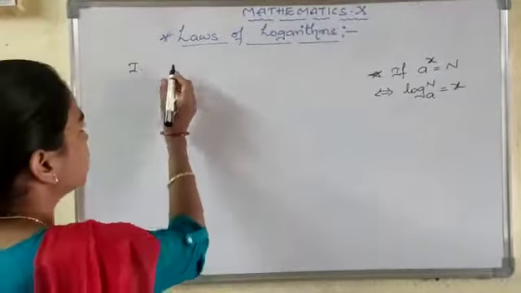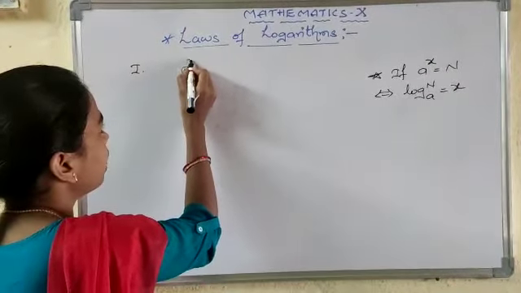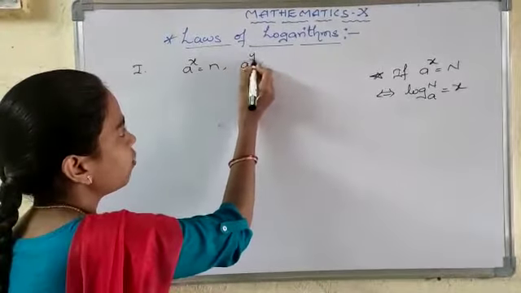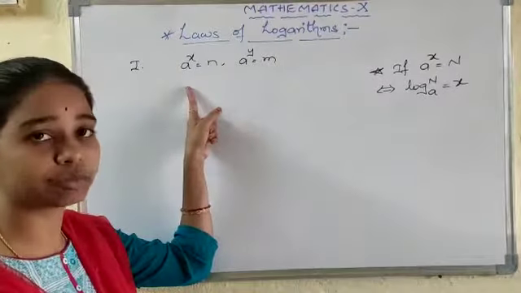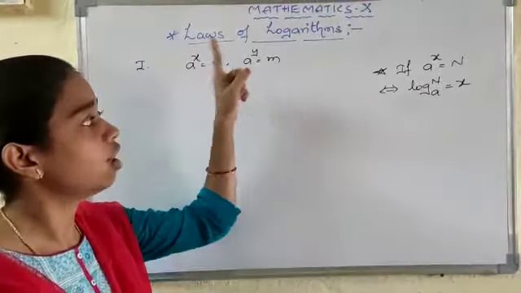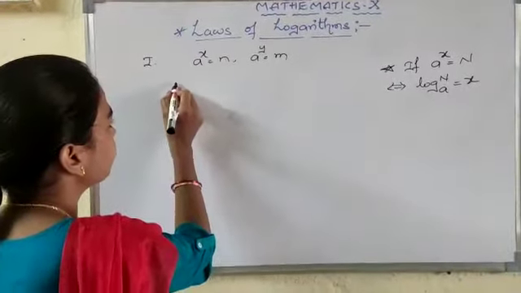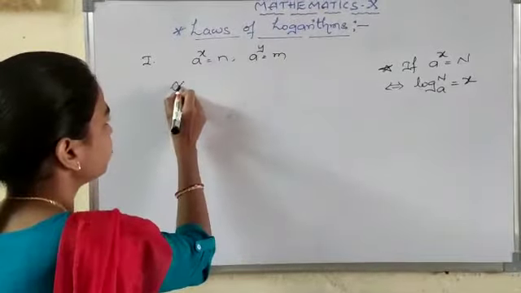So let us take two exponential forms, that is a power of x equal to n and a power of y is equal to m. Here we are going to express this exponential form into logarithm form in addition. So first multiply the a power of x and a power of y.